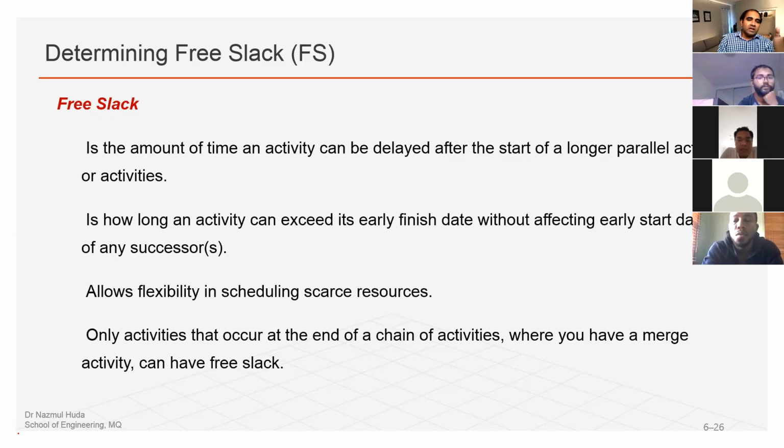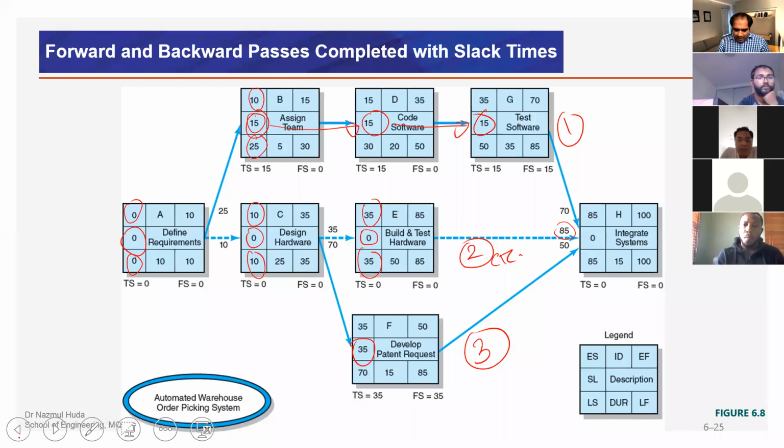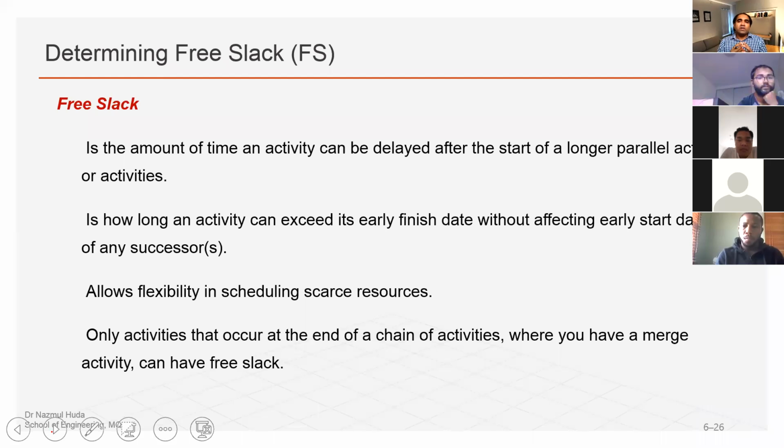So this is how long an activity can exceed its early finish date without affecting the early start date of the successor. Free slack is related to each activity within the chain, and the total slack is for the total chain.